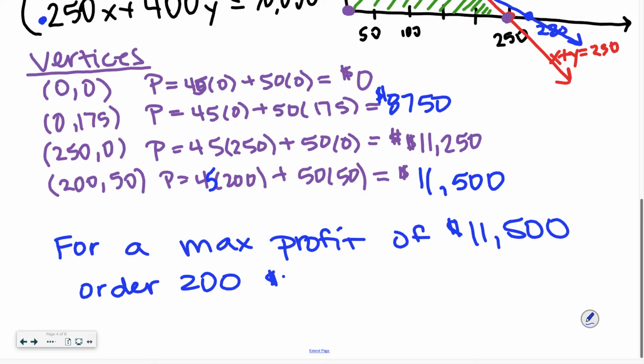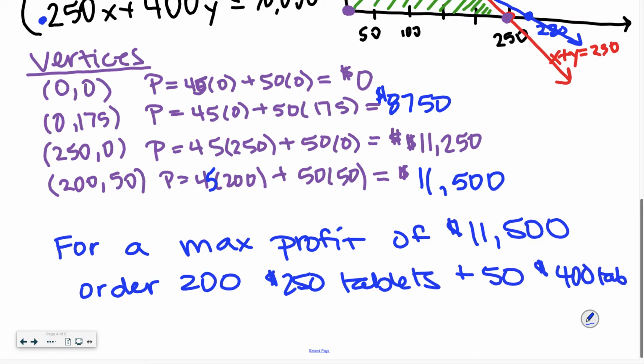How much are they? $250 tablets and 50 $400 tablets. That would be our answer. Okay? You can't just leave it there. You have to tell me what the coordinate means, or tell me what the number means that we got out of it.